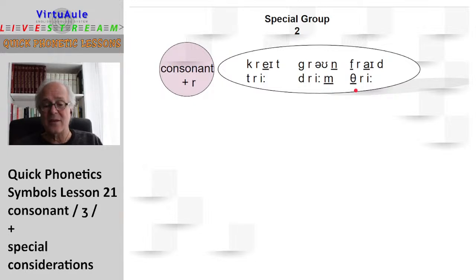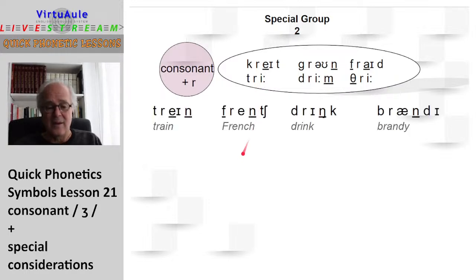Tree. Okay, this is quite difficult, especially with languages that tend to have a hitting of the R. We don't say tree. It's very difficult. So it's relaxed, tree, and it's very short. Let's try some other words.